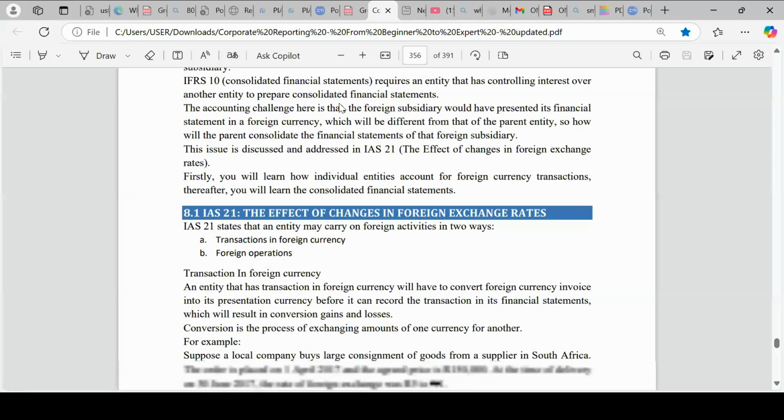Let's say a Nigerian company has an associate, a JV or a branch in South Africa. South Africa spends rands, all right? Nigeria will spend naira.